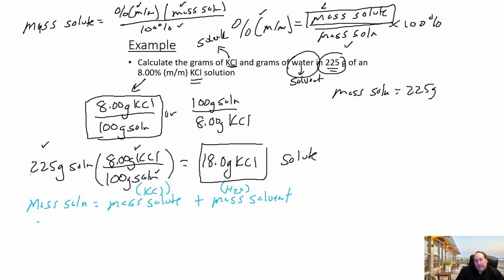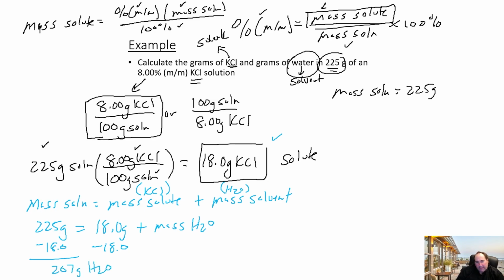We know from the problem that we had 225 grams as the mass of the solution. We just calculated how many grams of KCl was in there, plus our mass of water, which is our solvent. We're going to subtract 18 to the other side, and that gets us 225 minus 18, about 207 grams. 207 grams of water in this particular case.